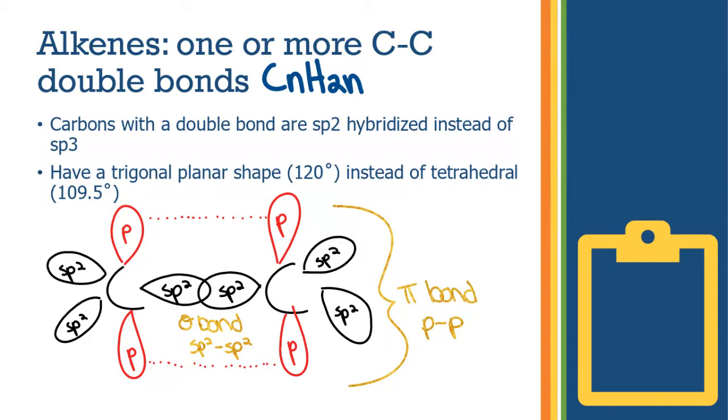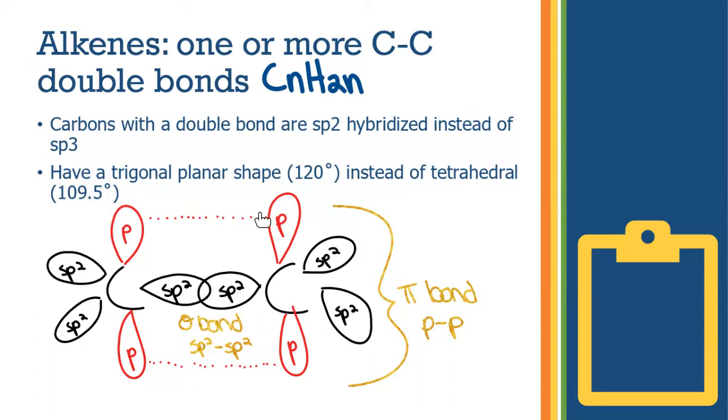So I have the bonding structure shown down here. Let me get my pointer. So I have my two carbons, and each carbon has 3 sp2 hybridized orbitals, as you can see here, and 1 unhybridized p orbital. Okay, so for a double bond, this sigma bond is formed by the overlap of this carbon's sp2 orbital and this carbon's sp2 orbital, which forms a sigma bond because this is a head-to-head overlap, right?